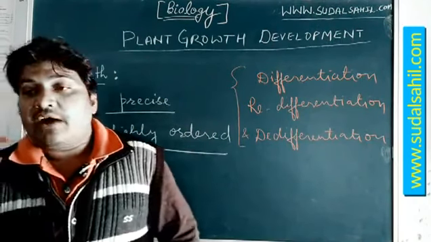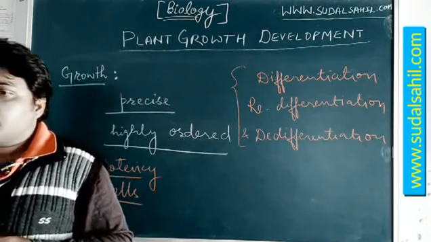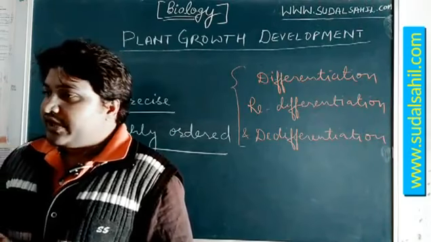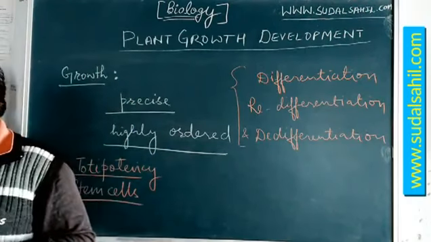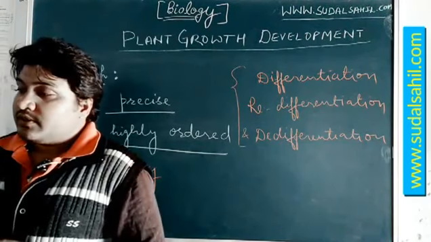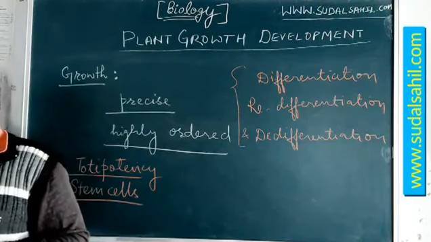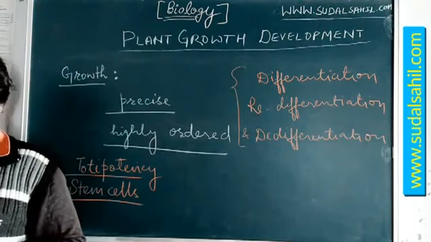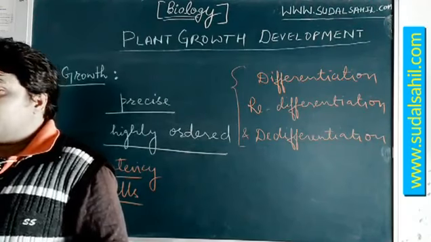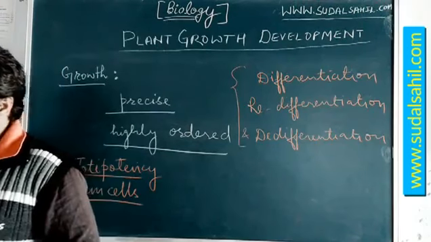So, after a specified time limit, your cells stop growing. Or they go into a resting phase. That resting phase may be lifetime, or sometimes you can stimulate that resting phase, and after that, those cells can grow again.